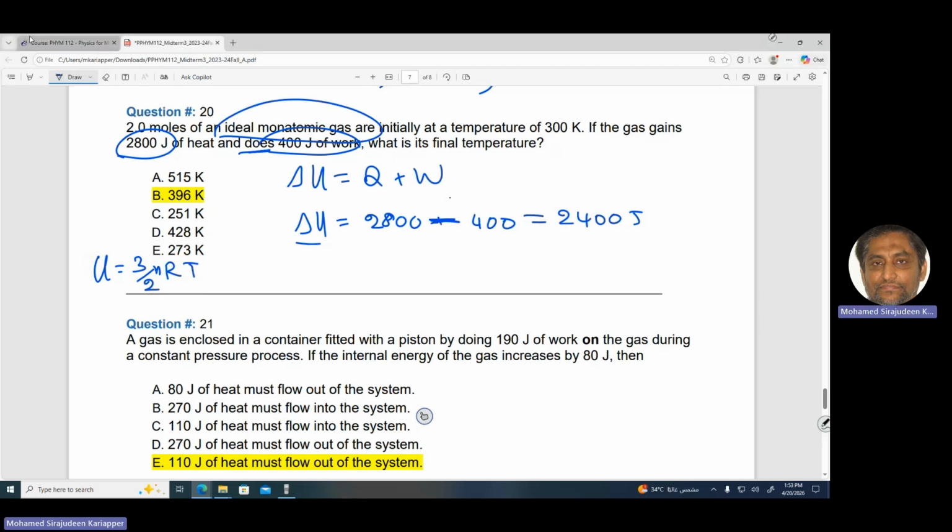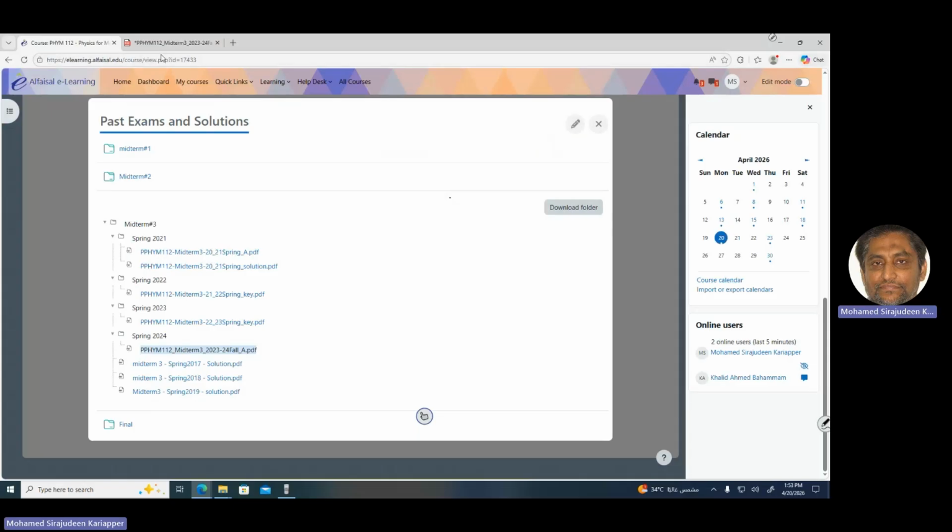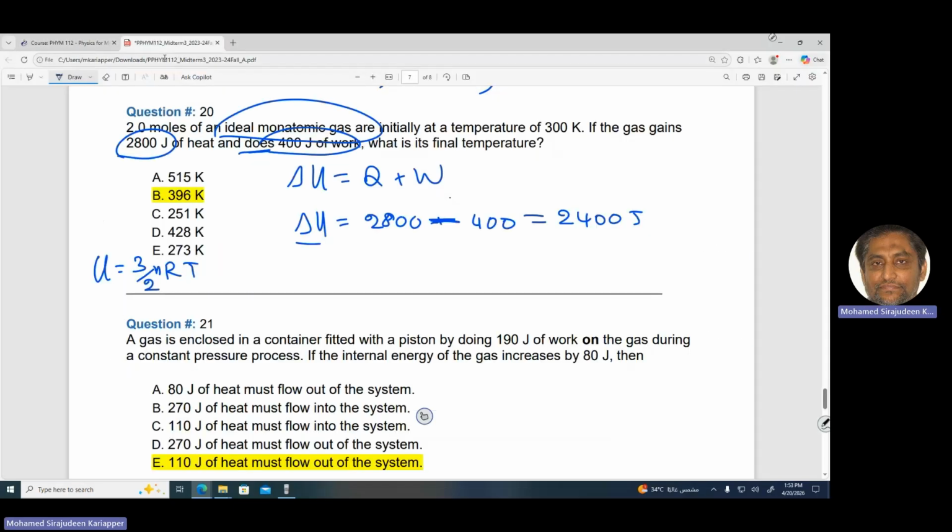Right, let me go to 3/2, correct? Okay. So that means delta U is equal to what? The only thing that changes is the temperature.